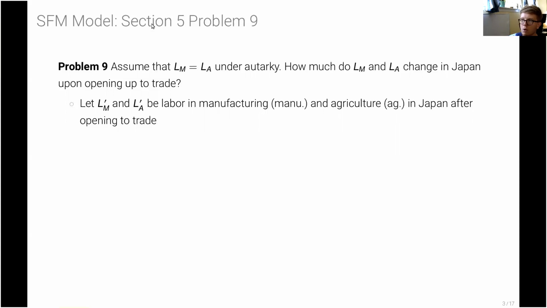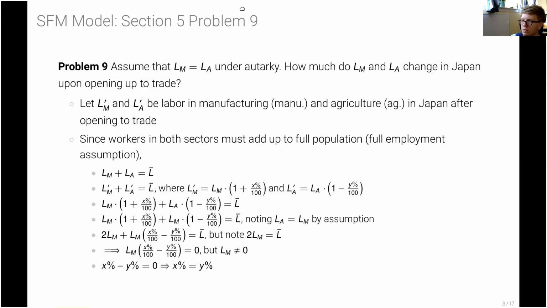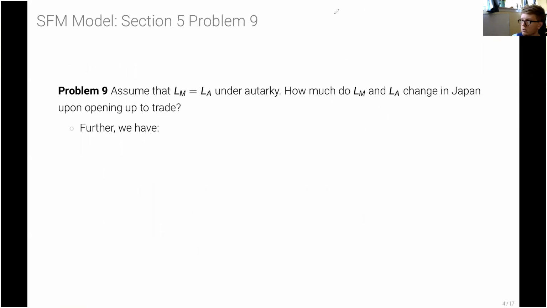It's helpful to review some of the assumptions that we need. First, let's note that we want full employment of both factors in our country, both before and after we open up to trade.